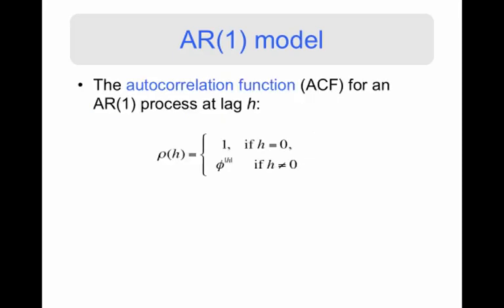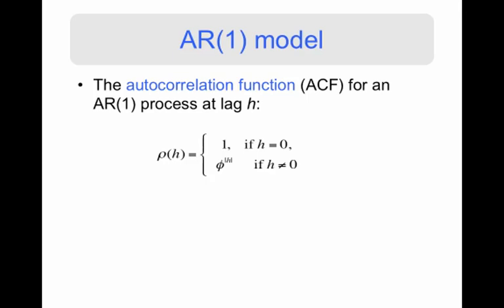In this autoregressive model, we can study this dependence by looking at the autocorrelation function for the AR(1) process at lag h. Here we can show that the correlation between two error terms that are separated by h time points is equal to φ to the power of the absolute value of h. So this is a decaying function. At lag 0, a time point is of course correlated perfectly with itself, so the correlation is 1. At lag 1, two adjacent time points are correlated with the value φ.